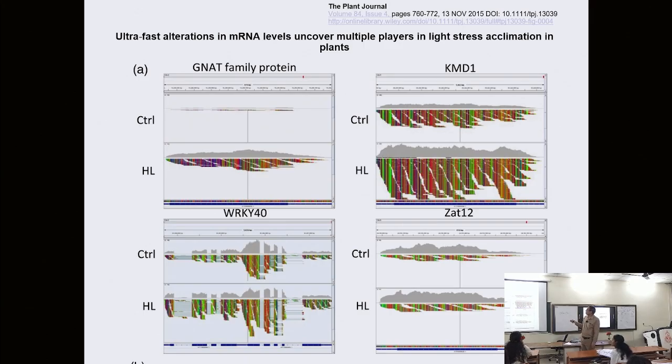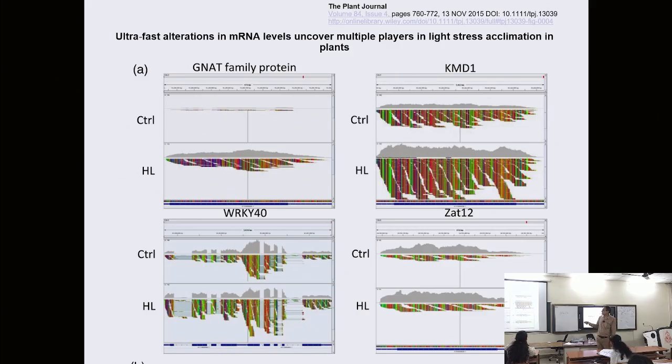This is a GNAT family protein, and in the control there are fewer reads mapping onto this gene. On the other hand, here is the plant subjected to high light stress. Many transcripts were generated compared to control. You can see so many transcripts whose reads mapped onto the gene.